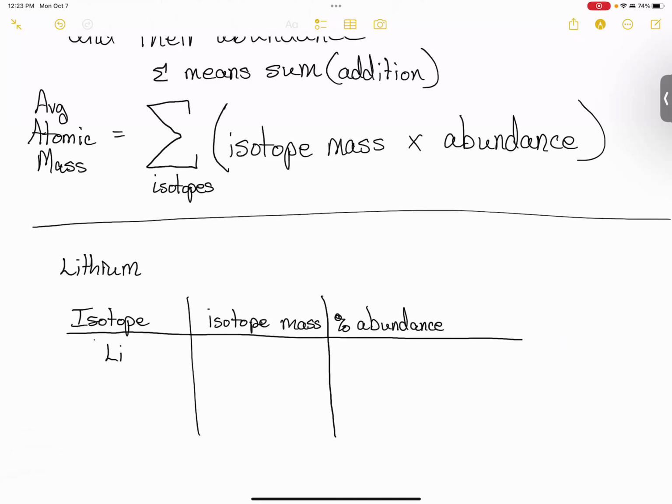It has lithium-6 and lithium-7. Lithium-6 has an isotope mass of 6.0151228874, and that one occurs 7.59% of the time.